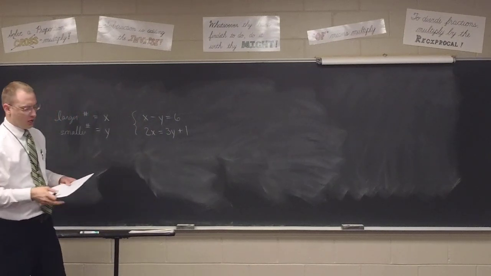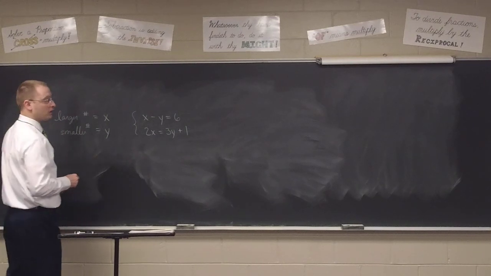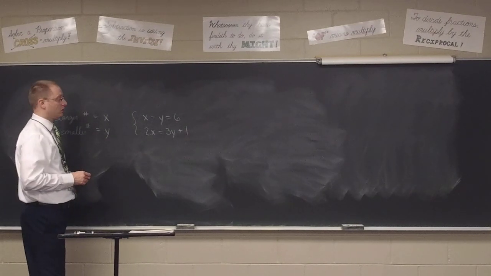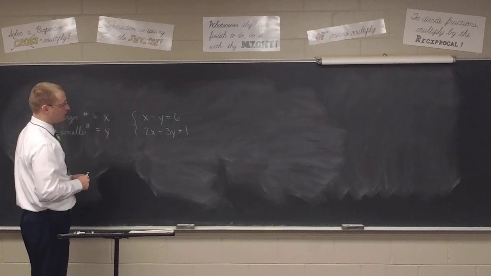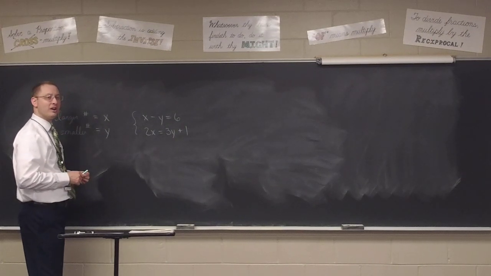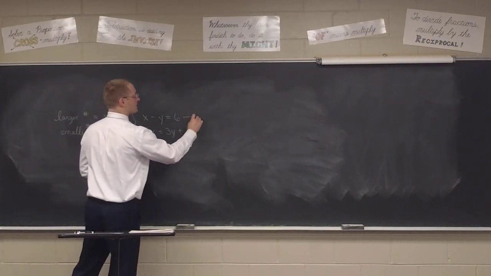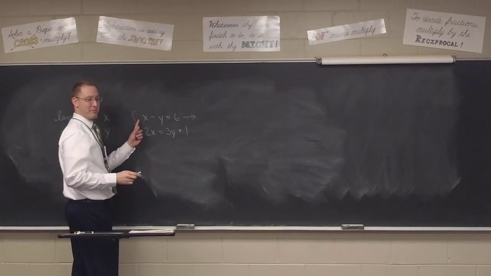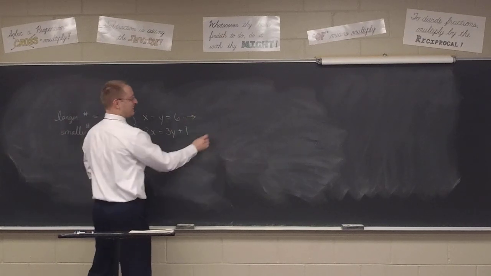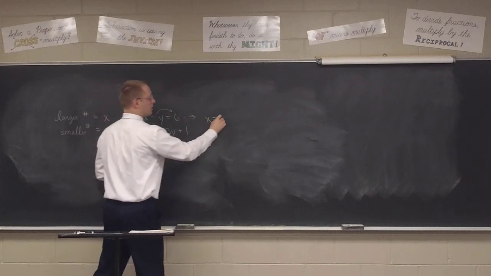A couple ways we could go with this. What did you do next? You did what? Oh, you solved by the substitution method. So you rewrote your top equation as x equals... there we go.